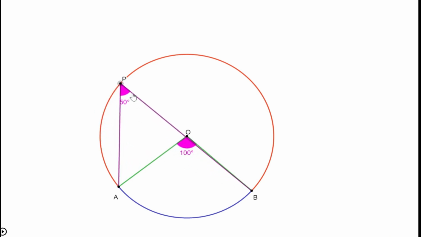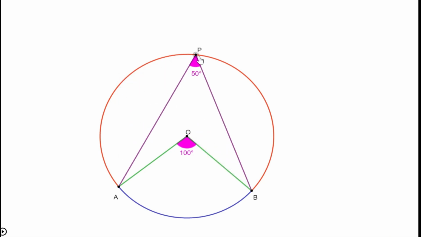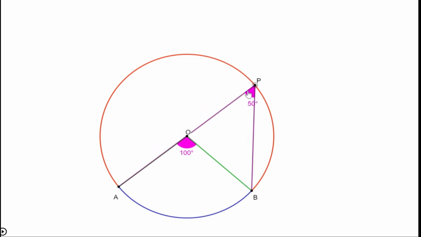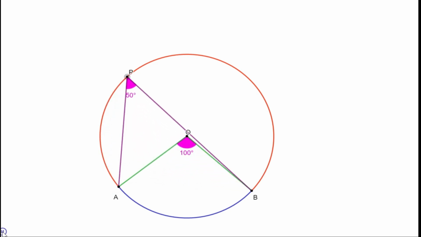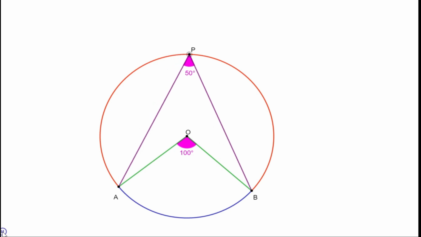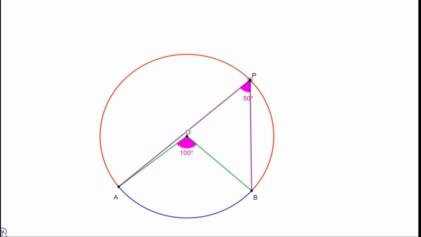Again, this angle is half the central angle. It can be anywhere on this arc. Try to draw the different possibilities and understand the idea very well. That will help you to do the problems easily.